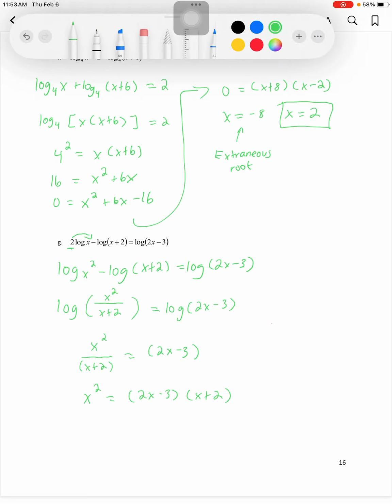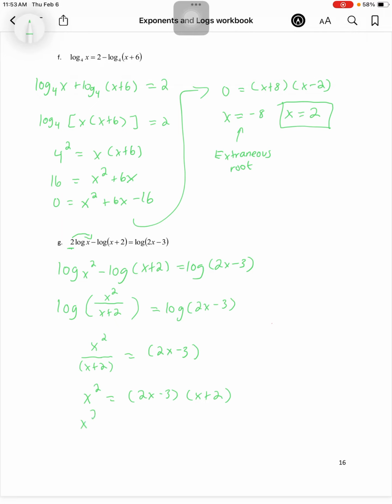So now we're going to continue on with this line. We have x squared and these brackets, and you're just going to FOIL. So it's going to be x squared equals 2x squared plus 4x minus 3x minus 6, and 0 equals x plus 3 and x minus 2.